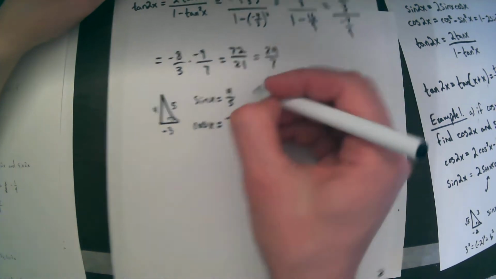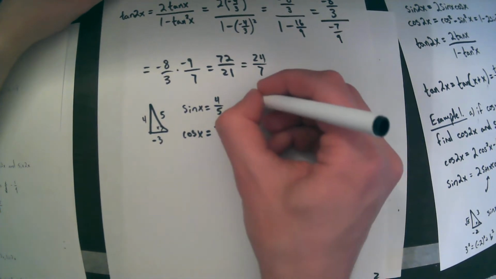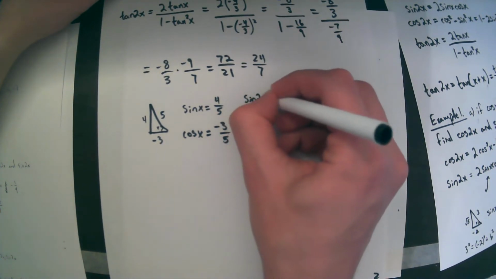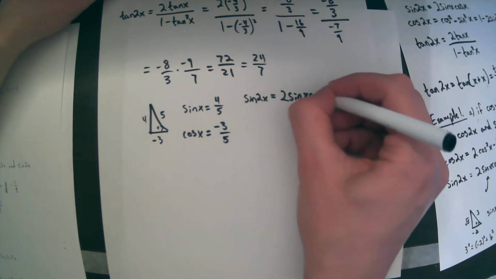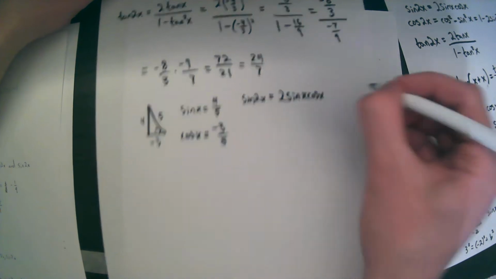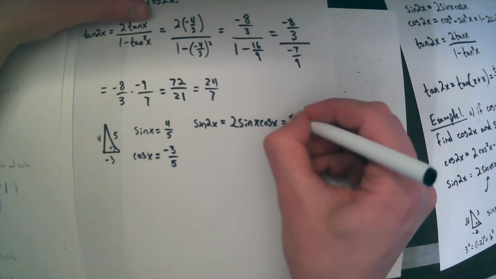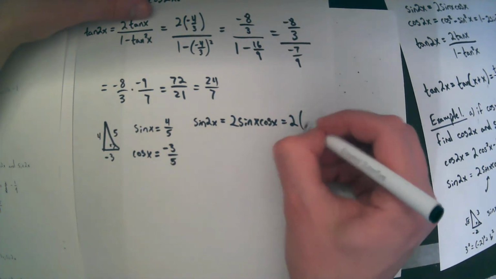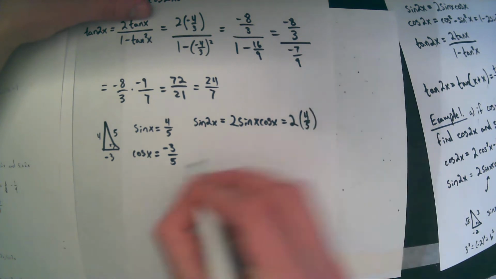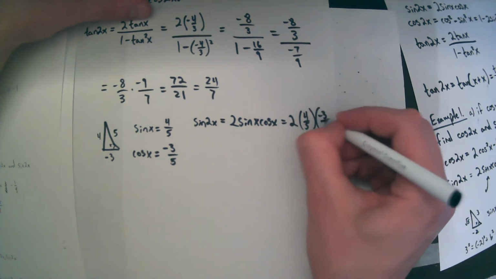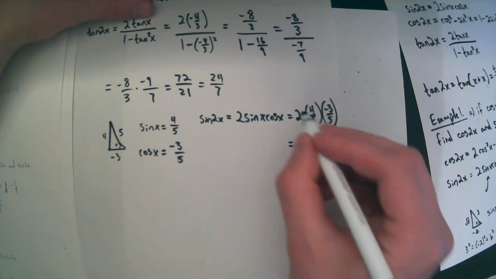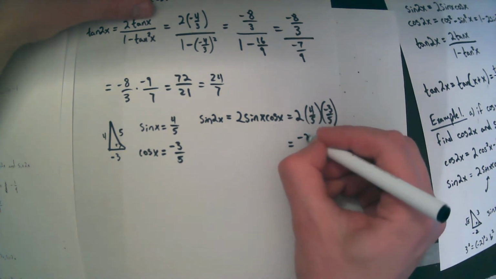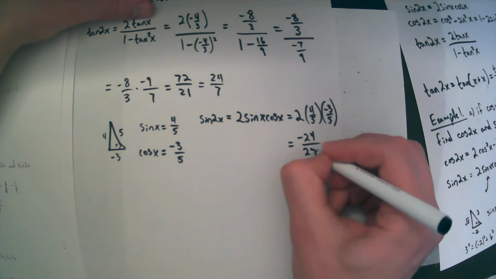Sine of 2x is 2 sine x cosine x, which is 2 times 4/5 times negative 3/5, which gives me negative 24 over 25.